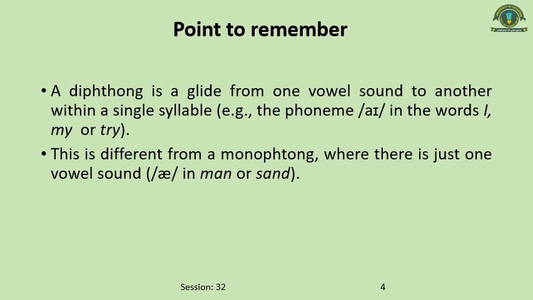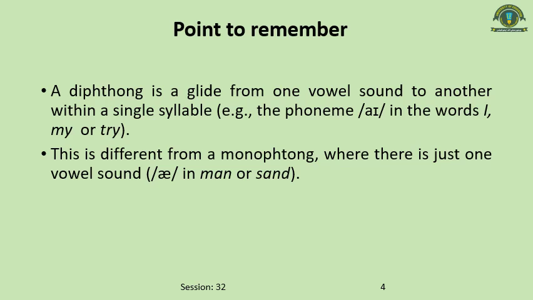And for that very reason, for the example's sake, I have used one particular phoneme that is pronounced as I. I have used this single phoneme in three different words, such as I, my, and try. Alright? But the phoneme is one. And this is a glide from one vowel sound to another.